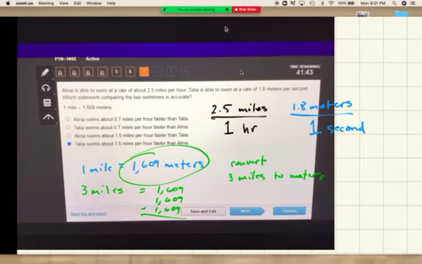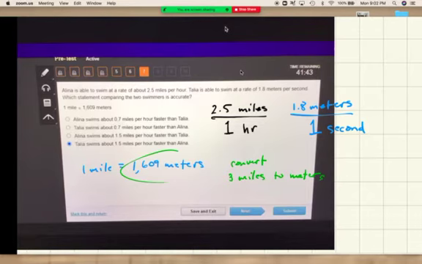Just add it all together, because this is 1 mile plus another mile plus another mile. Does that make sense? So if I'm converting miles to meters, all I have to do is multiply by 1,609.